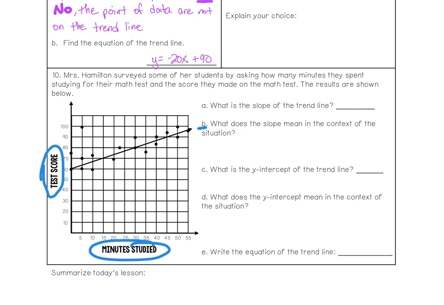And then again, D, what does the y-intercept mean in context of the situation? So again, you have to talk about minutes studied and their test score. And then finally, write the equation. So A, C, and E are things we've done, but B and D are now using the information we have in the context of this situation. All right, good luck. Raise your hand if you have any questions.